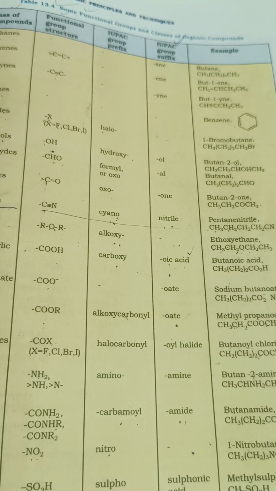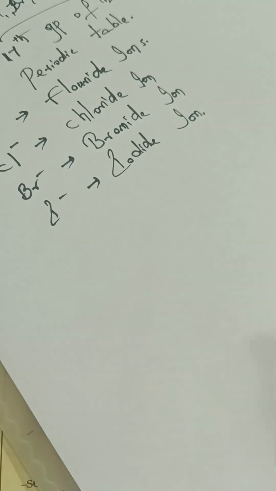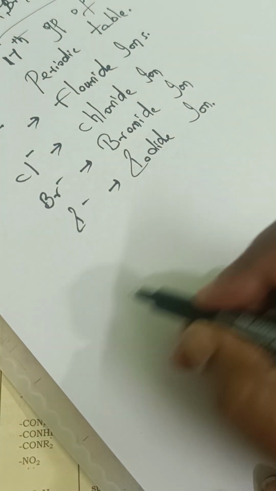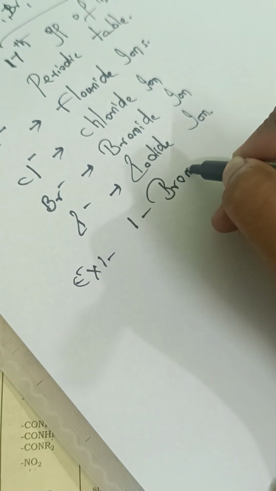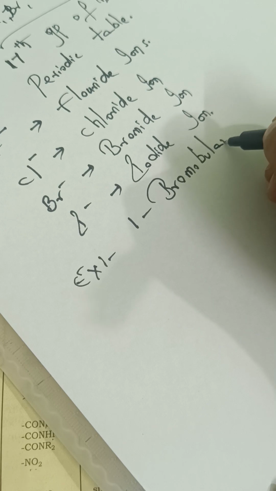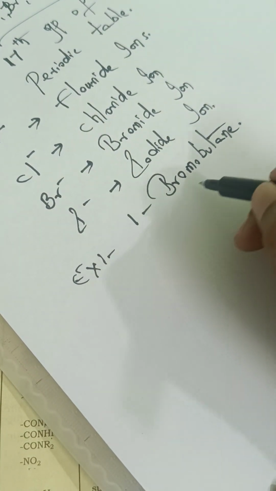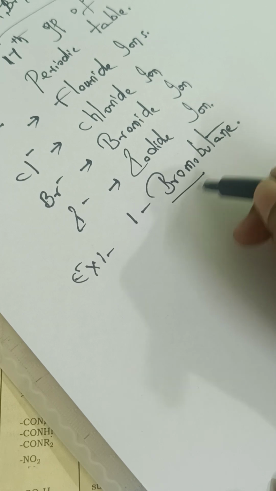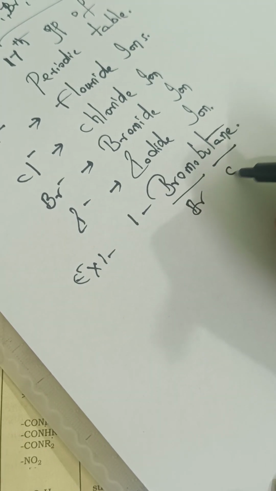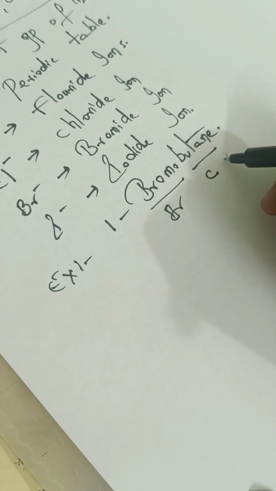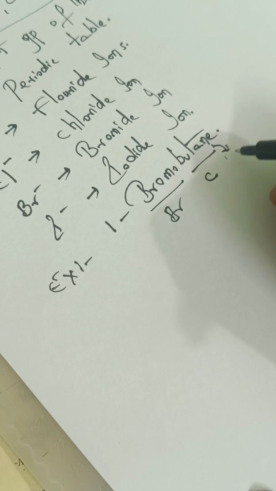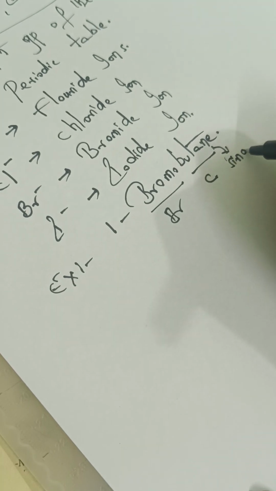They have taken 1-bromobutane. 1 means the position of the carbon atom, bromo means Br, butane means C, ane. In the ending you have a single bond; ane means it comes under alkane, so a single bond should be present.